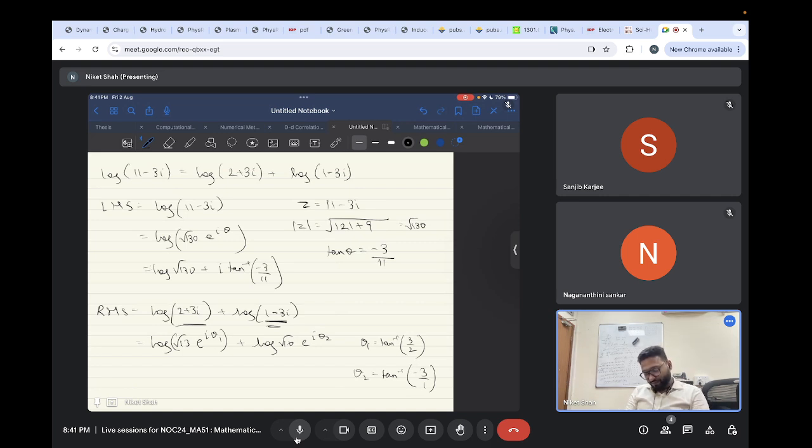So it is equal to log root 13 plus i theta 1 plus log root 10 plus i theta 2.